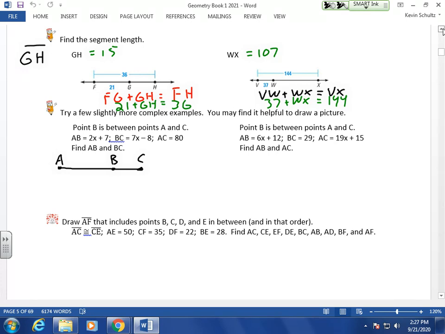Now we're given some more information about AB, BC, and AC. AB is 2x plus 7. BC is 7x minus 8. And AC is 80.